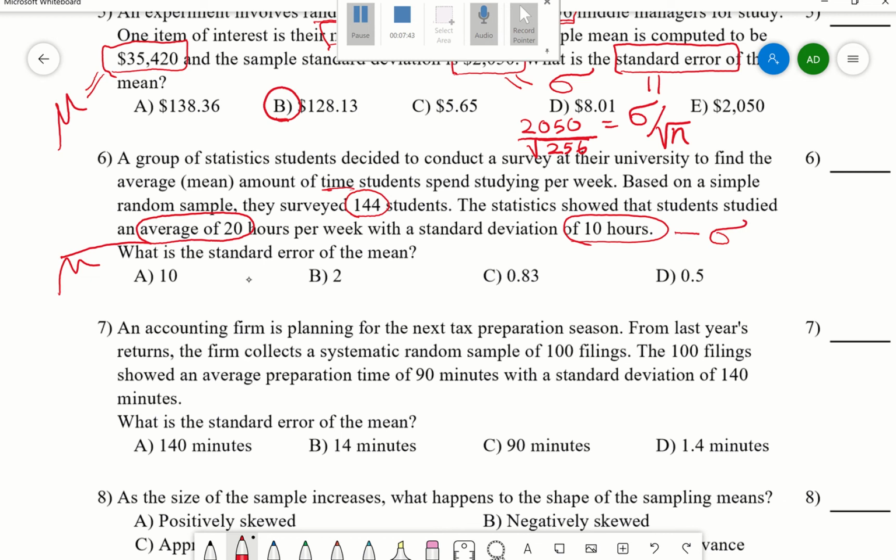What is the standard error of the mean? Sigma over square root of n. Sigma is 10, n is 144, square root of 144. Go ahead and get the number.